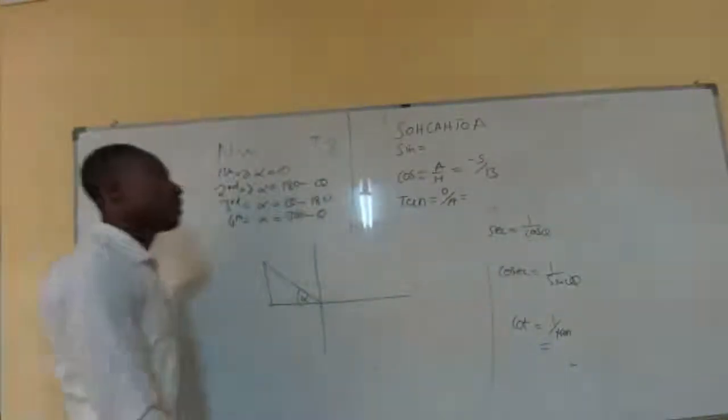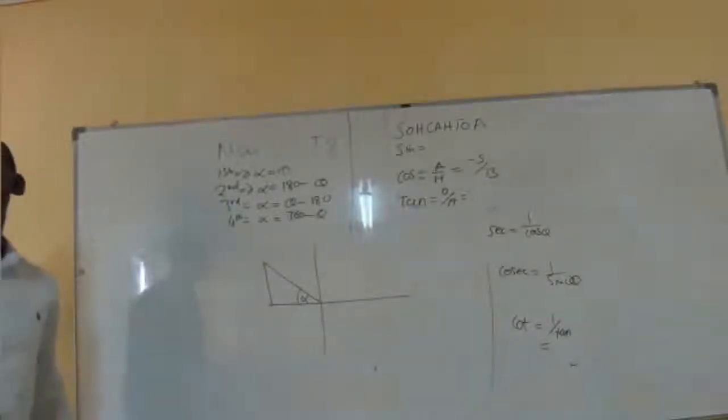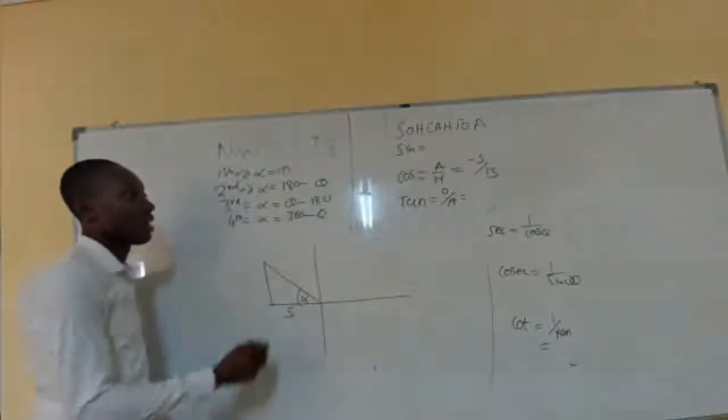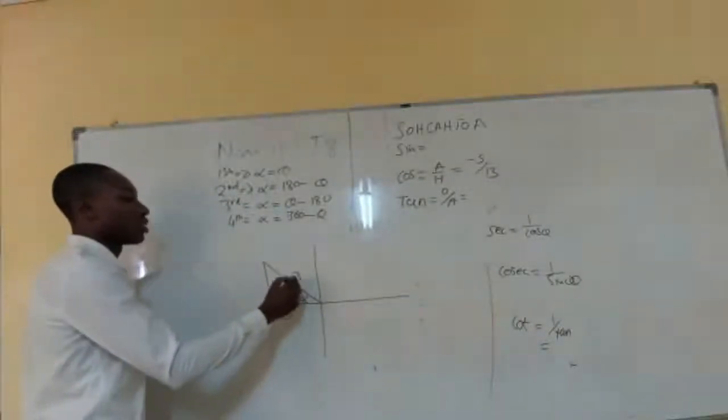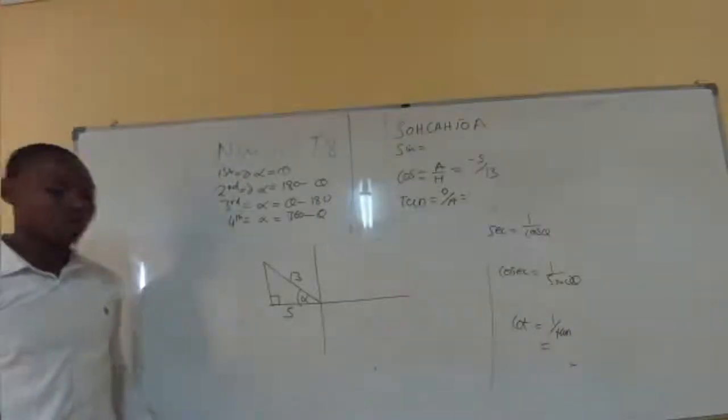Meaning if cos theta is negative 5 over 13, what is the adjacent? The adjacent side is 5 and the hypotenuse is 13, right? Now that negative is simply telling us which quadrant we are in.